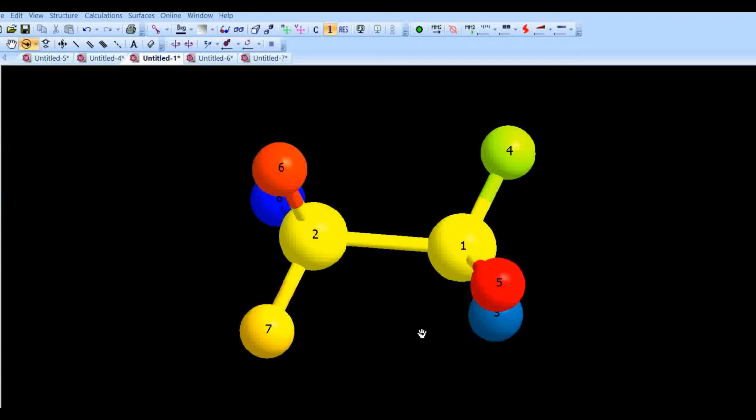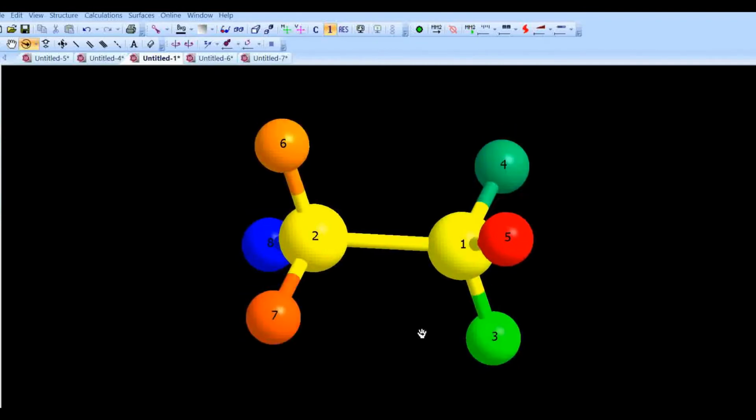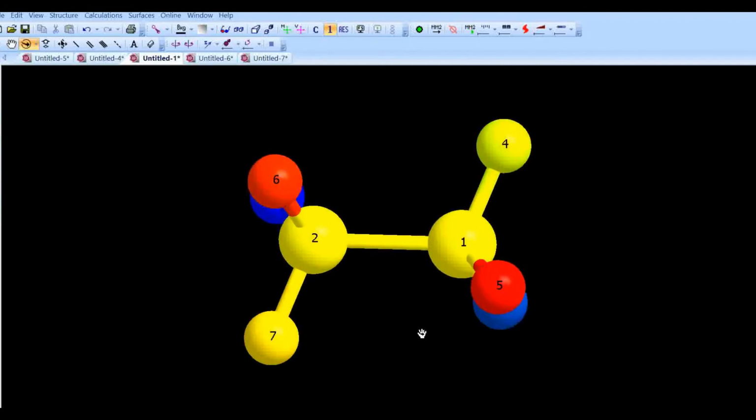And now if you can find a dihedral plane which is bisecting the two C2 axes perpendicular to the principal axis, then it will be like this.